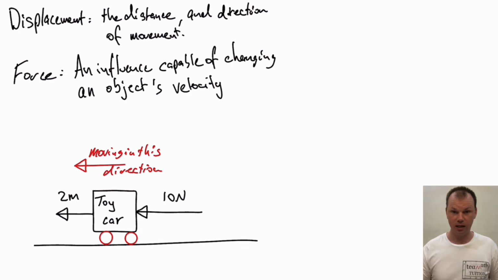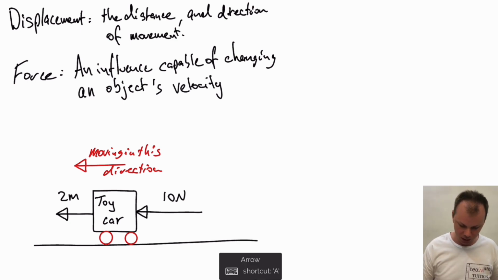What's that going to do to the car? If I'm applying a force to it, it's going to speed the car up. So it's going to increase the car's energy. If I apply the force over 2 meters, it's going to speed the car up a certain amount, increasing the energy by a certain amount.